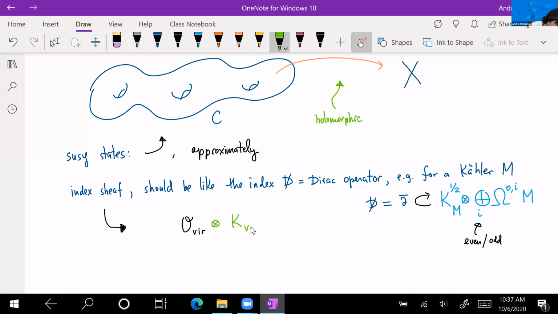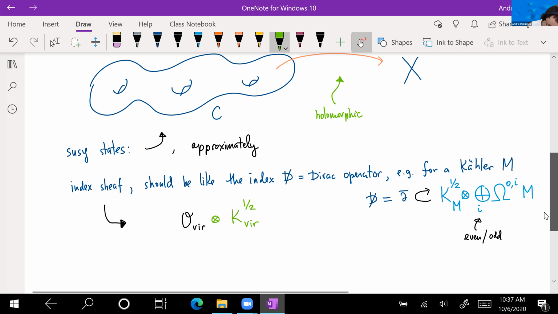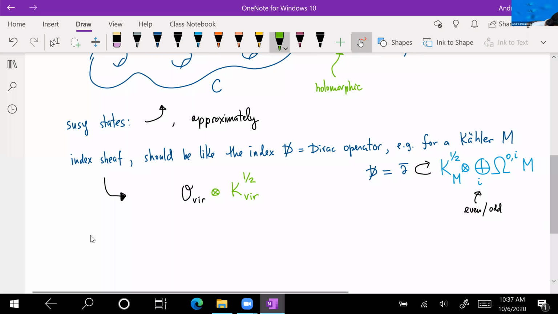So the virtual square root. And what is this virtual canonical? This comes from obstruction theory, which was explained by Melissa last time.